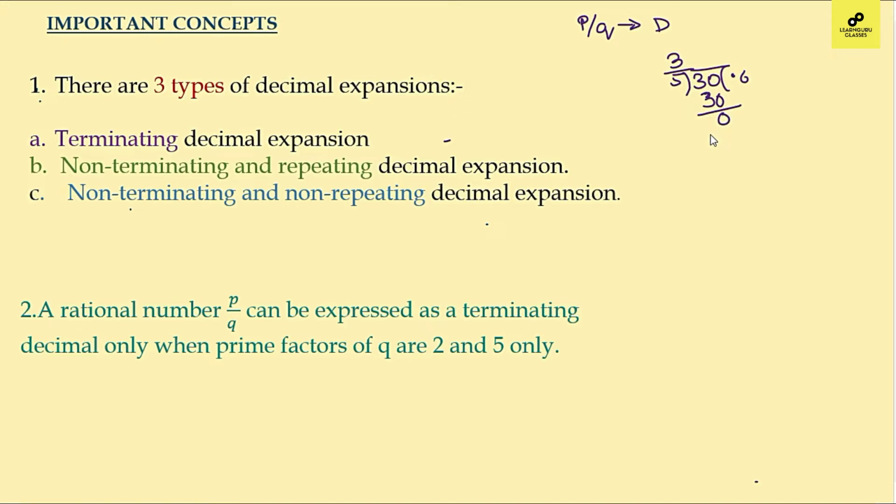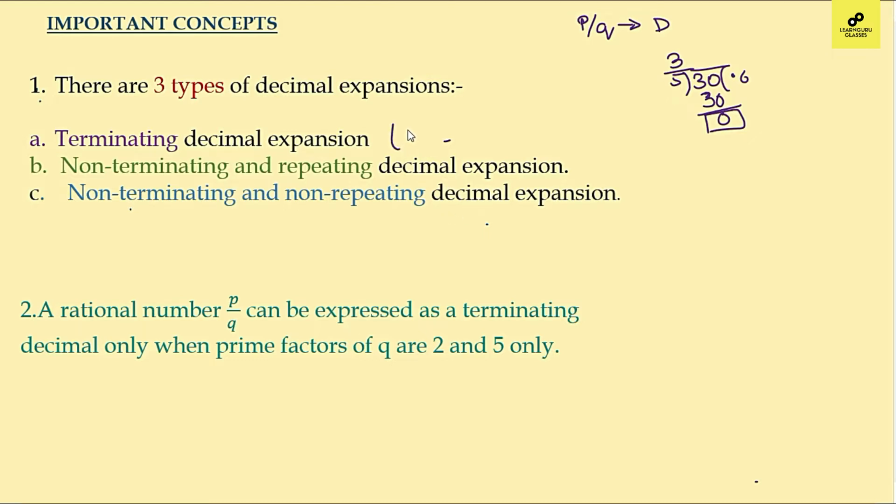Any division where the remainder is 0, and the decimal that evolves from this fraction, that decimal expansion is called a terminating decimal expansion, because you are getting the remainder as 0 and the process of division is terminated. So this is called terminating decimal expansion.